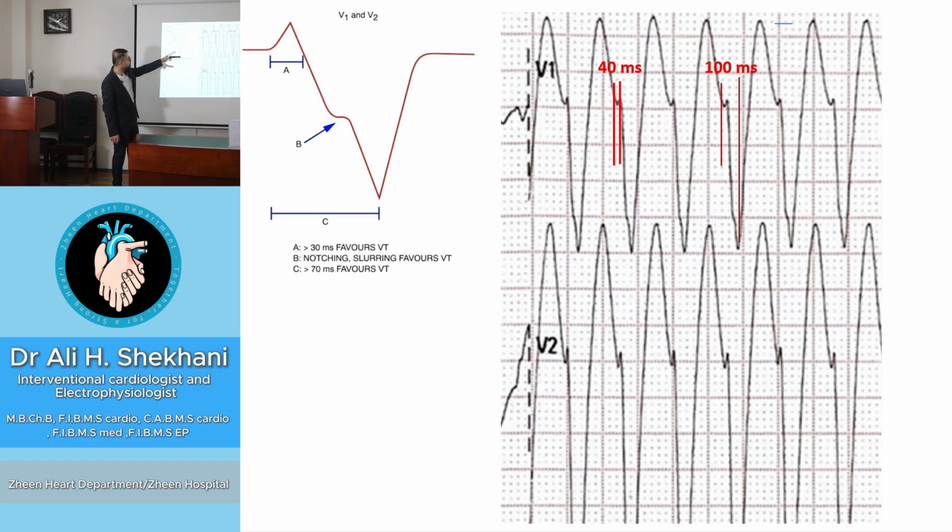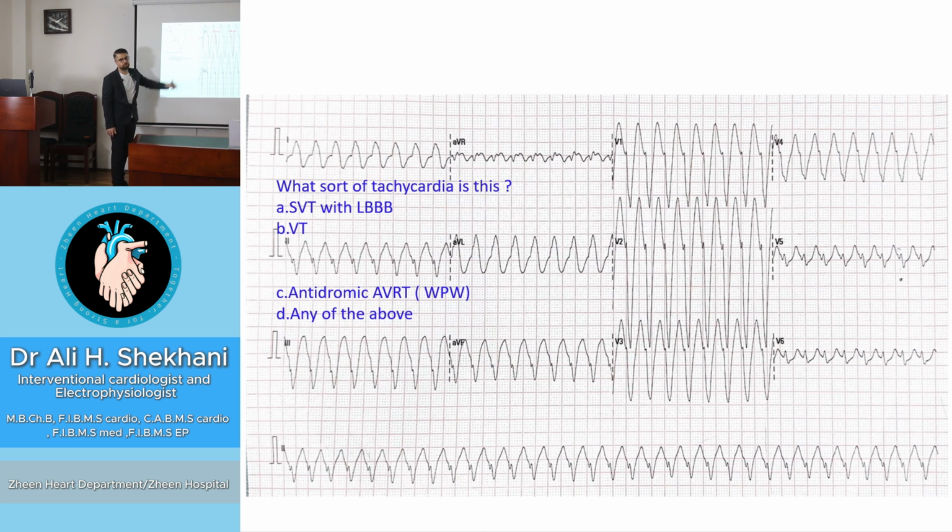The R to S is very long, more than 40, and the initial R to the nadir of S is more than 70. So it goes with VT. And there are also some notches in the descending part of the S wave, which also goes with VT. So the diagnosis is VT.